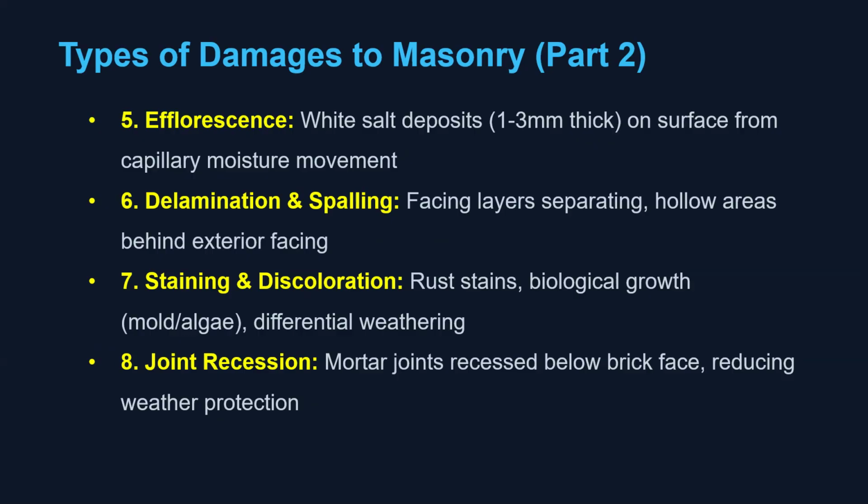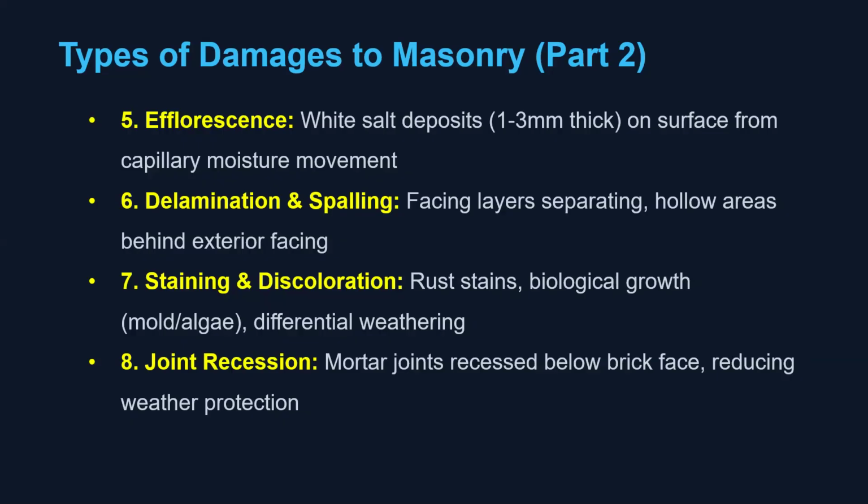Then another type of damage, another negative point we notice in our structure, is efflorescence. It is nothing but white salt deposits on the surface of our existing structures.